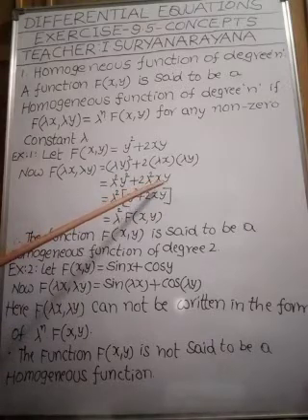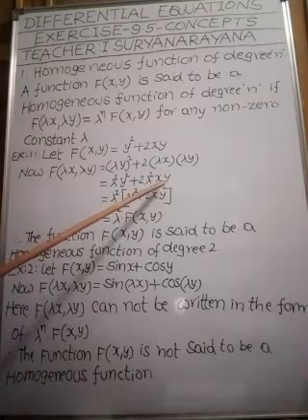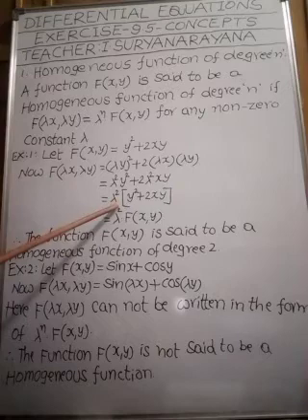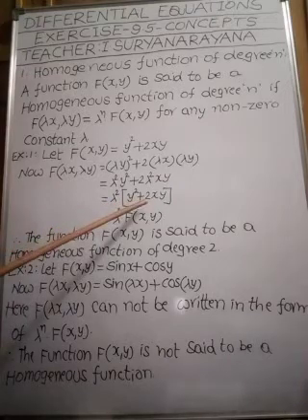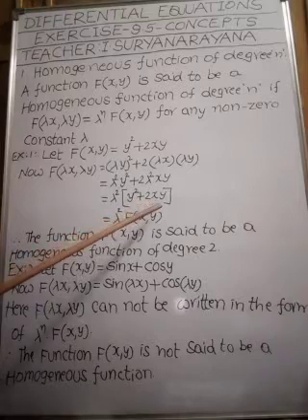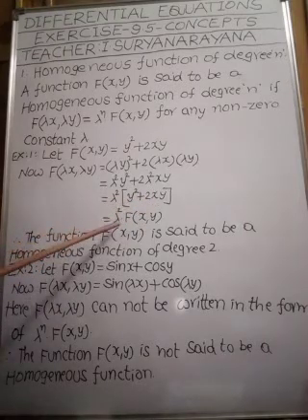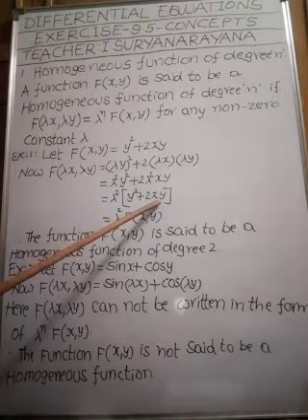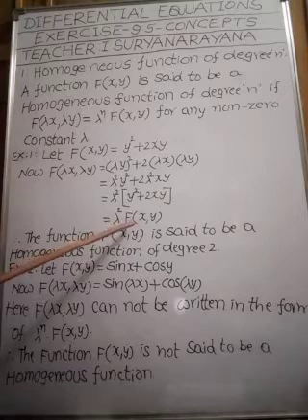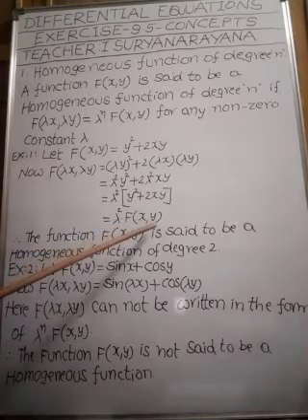By taking lambda square as the common factor from these two terms, we get lambda square into y square plus 2xy. This function is nothing but f of x comma y. Yes or no, my children? So it is lambda square into f of x comma y.